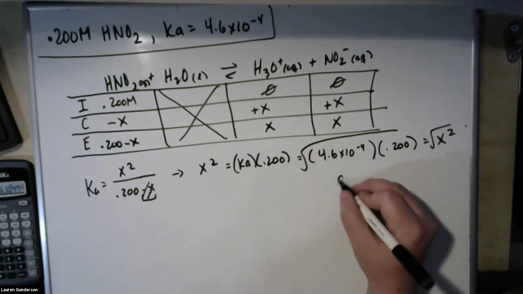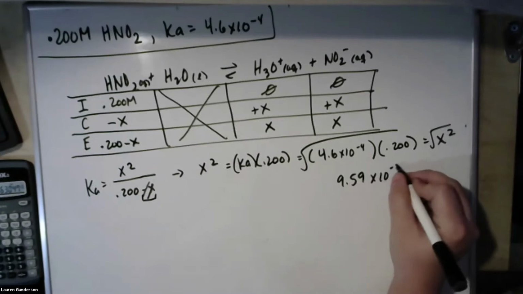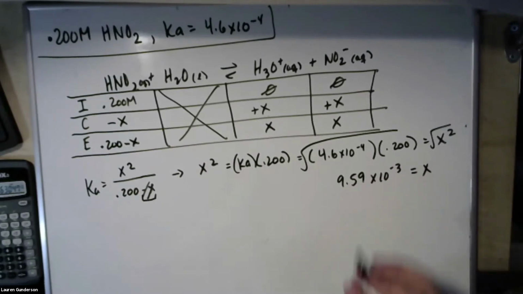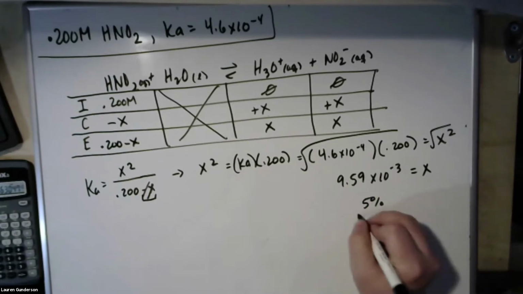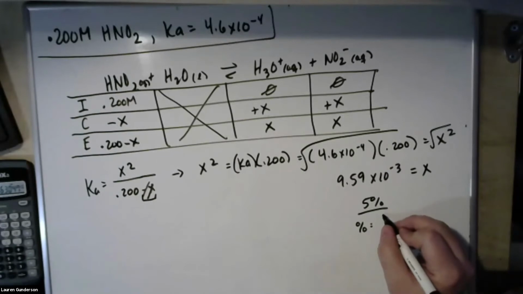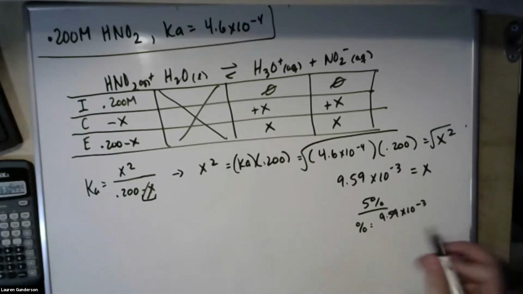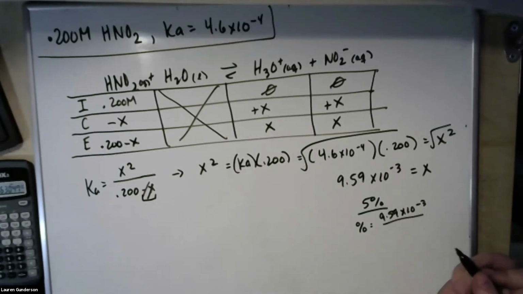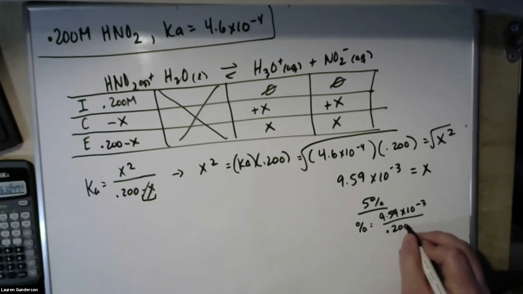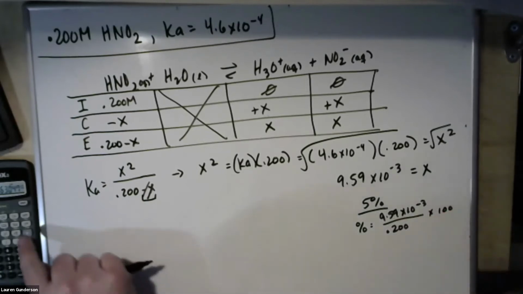Okay, and we get a value of 9.59 times 10 to the negative 3 as our x value. So we'll do our 5% check real quick. We're going to take our x value, 9.59 times 10 to the negative 3, divided by our initial concentration of HNO2, which was 0.200 molar, multiply it by 100.